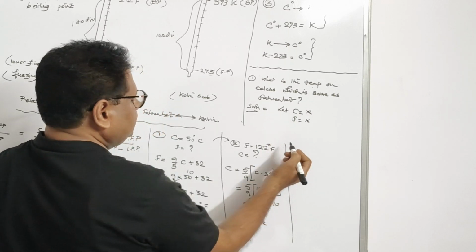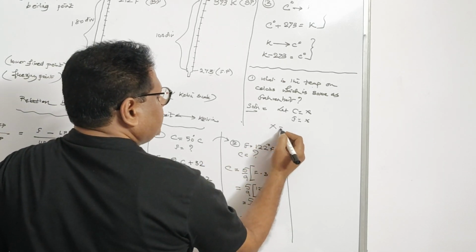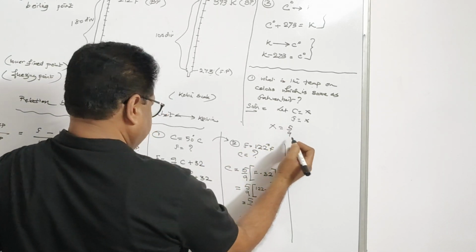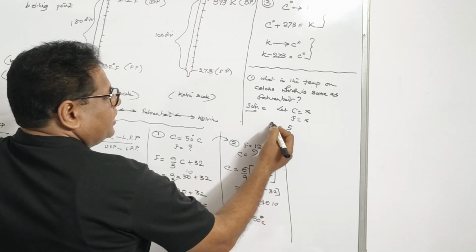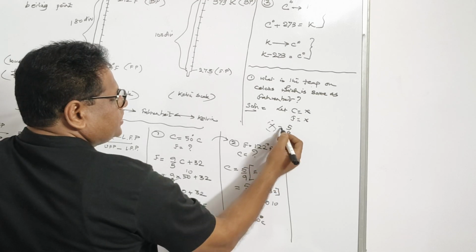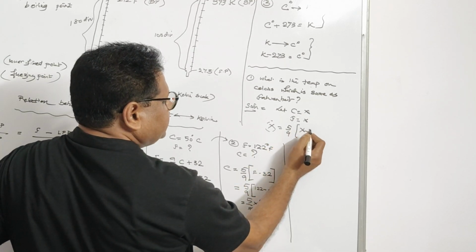Now if you use this particular relation, it is X equal to 5 by 9. C we have taken as X. This is equal to 5 by 9 times X minus 32.